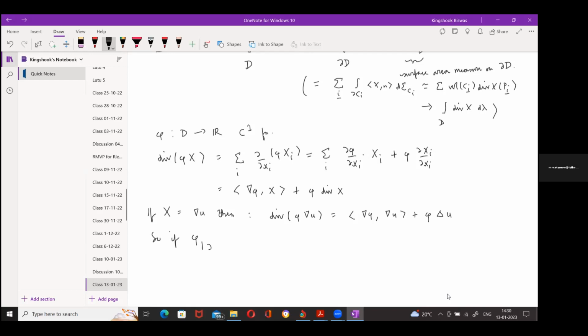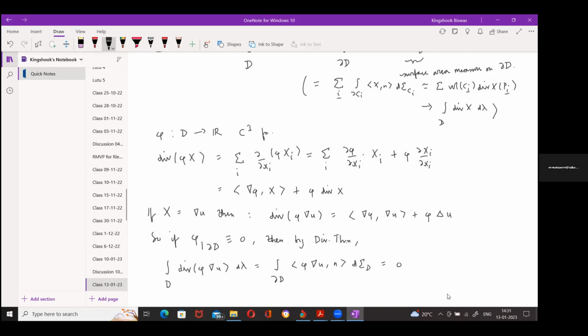Now suppose that phi vanishes on the boundary of D. Then by the divergence theorem, the integral of this divergence of phi grad u d lambda will be the integral over the boundary of D of the inner product of phi grad u with the normal vector, and that is 0, right?